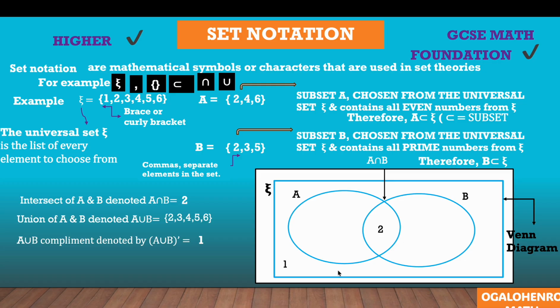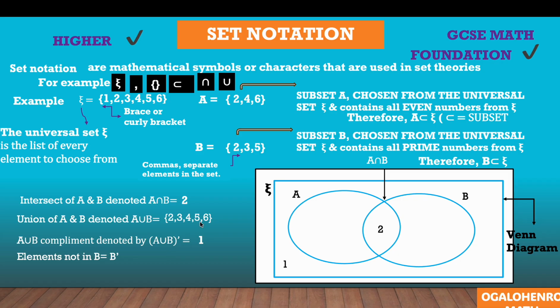Now, what is next? We need to find the elements that are outside the overlap but inside the circle. So we'll start with A. We need to introduce again that elements not in B will be B prime. So B prime will be all the elements that are in A but not in B. For us to get B prime, that will be 1, 4, 6.